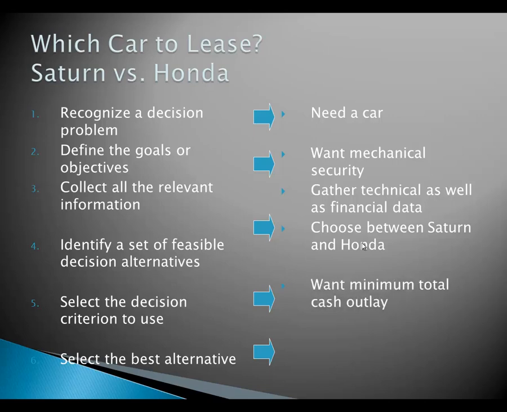And then we look at the minimum total cash outlay to get either option, and based on that, the Honda was selected as the car of choice based on the identified criteria.